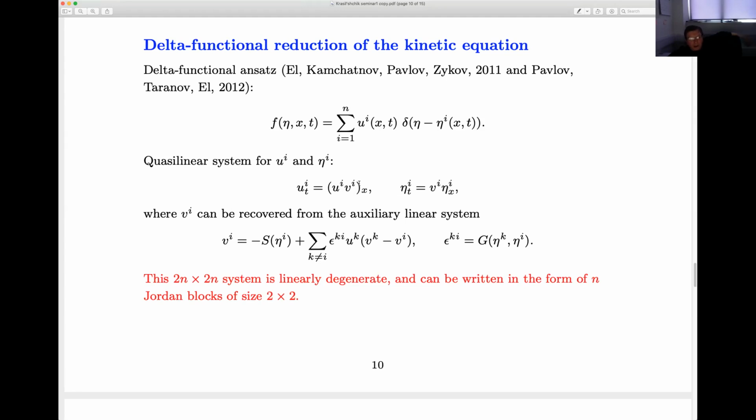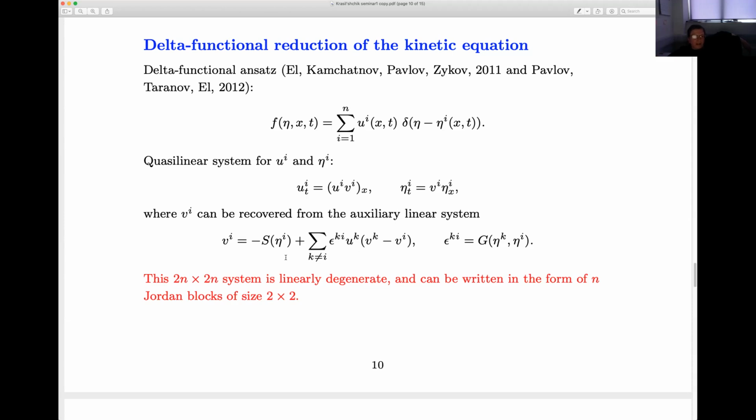It turns out that these can be recovered from these equations. This is a linear system for these. You see V appears here and these appear here. It's not a differential system. It's a linear, algebraic, inhomogeneous system for these.